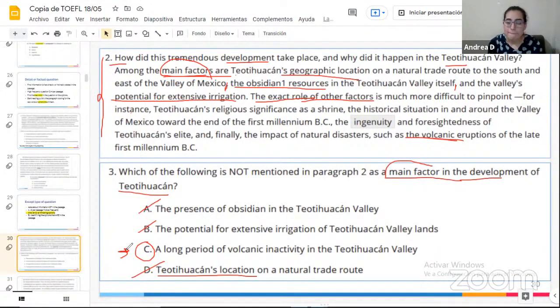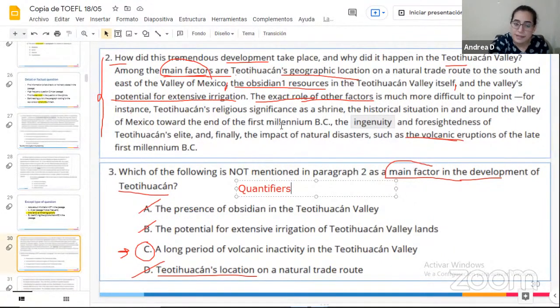Remember, keywords. Now, another thing that's very key in the reading section, and let me write this down for you, is quantifiers. That's something that I've seen a lot, and I've seen tons of people get the wrong answer because of this.